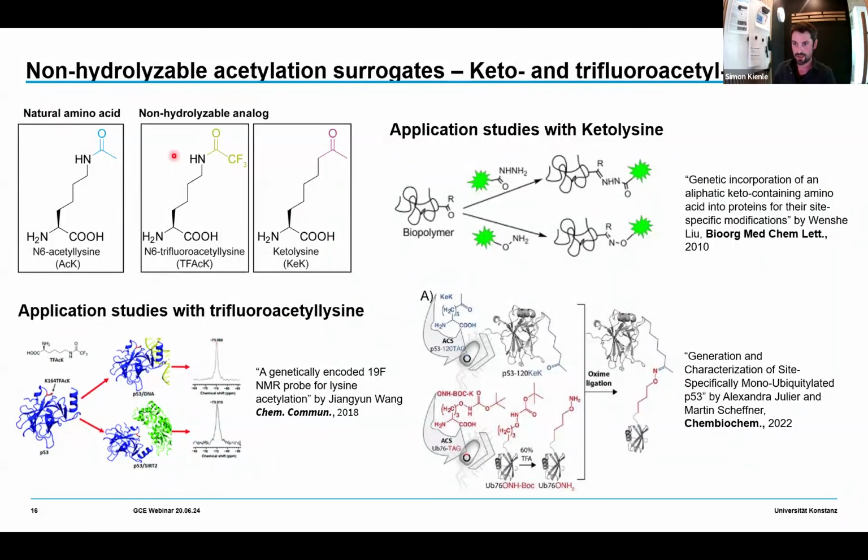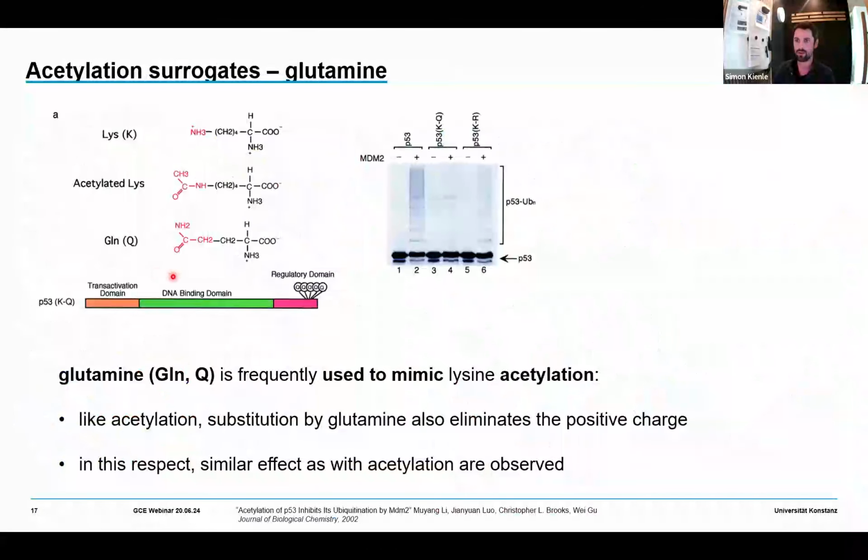Besides those amino acids, which structurally nicely mimic acetylation, glutamine has also often been used to mimic acetylation. And this is work published in 2002 by the group of Wei Gu, where they used glutamine to mimic acetylation in P53.